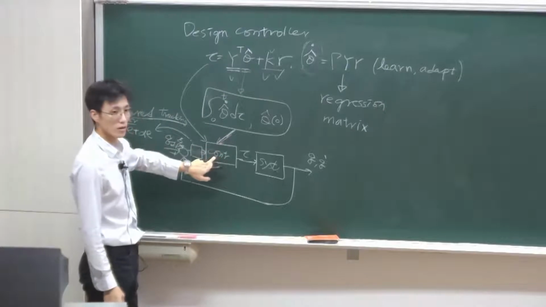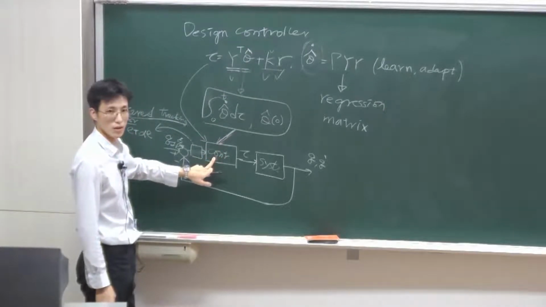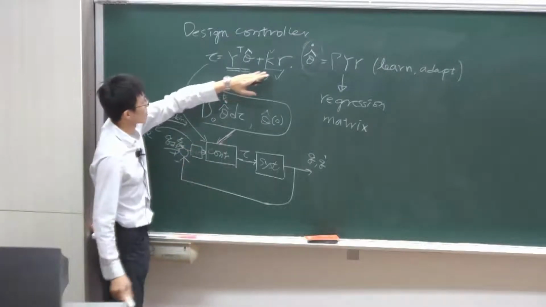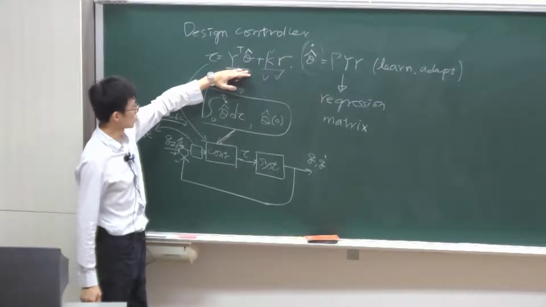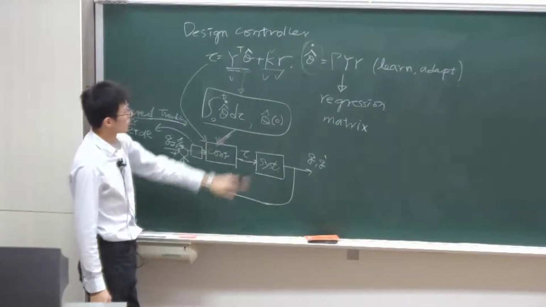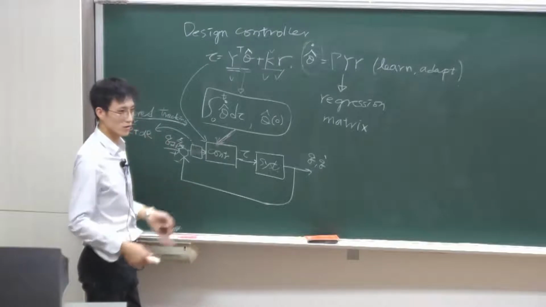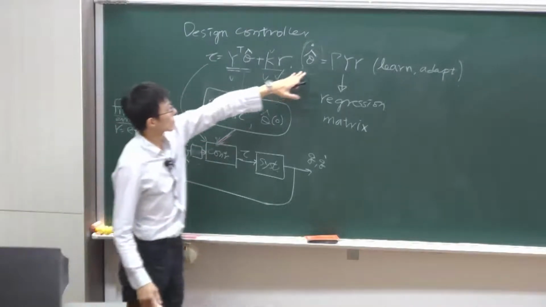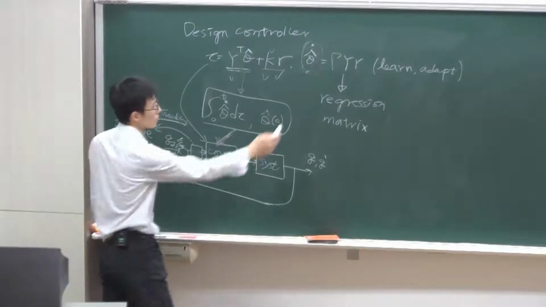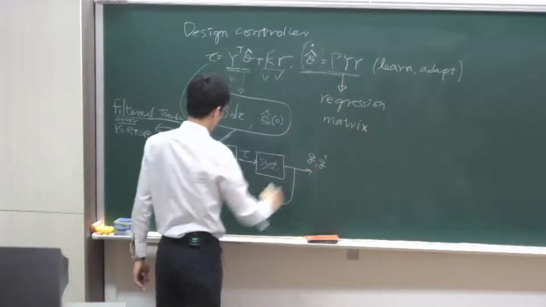That's required for the controller to implement. So the difference is, you not only have feedback, you have a feed-forward term. And the feed-forward term is coming from the time-variant signal, which is updated according to the adaptive law.